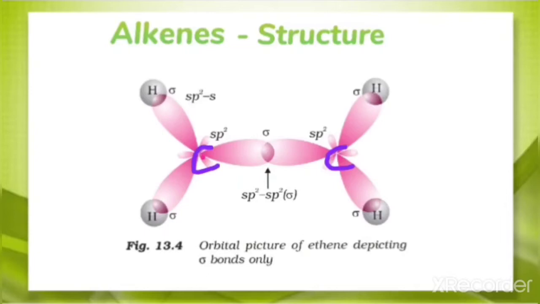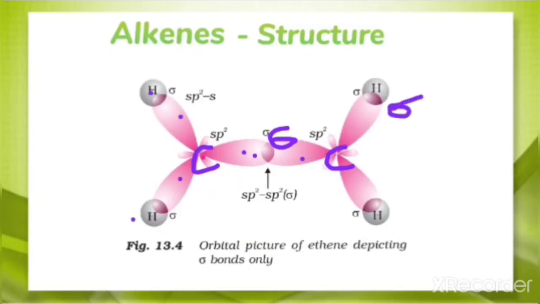In ethene, the 2 carbon are sp2 hybridized, and of the 3 hybrid orbitals, 2 hybrid orbitals overlap with the 1s orbital of hydrogen, and one of the sp2 hybridized orbitals of one carbon overlaps with the sp2 hybrid orbital of the other carbon. Here there is sigma bond formation, because there is head to head overlapping.